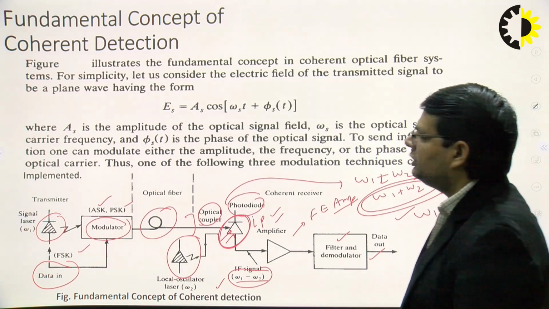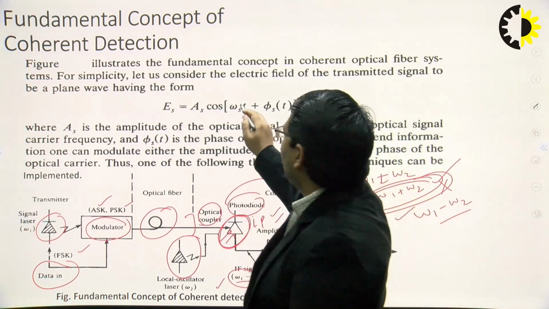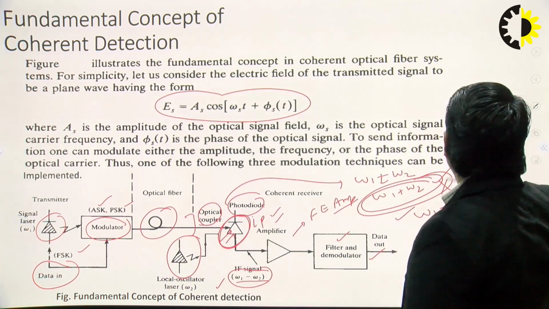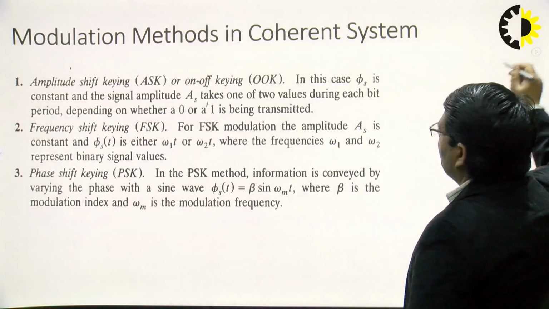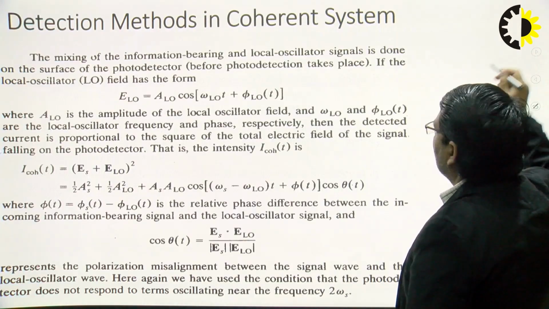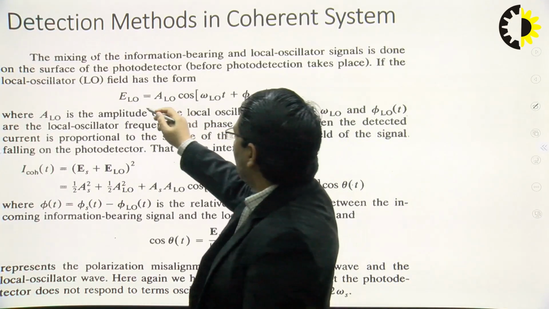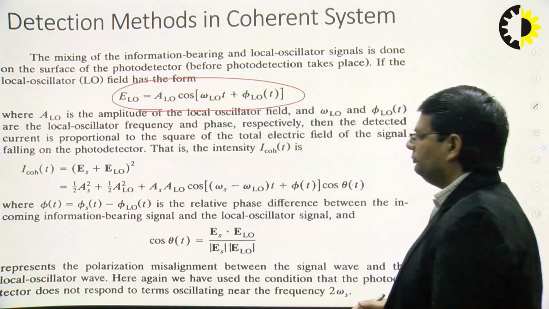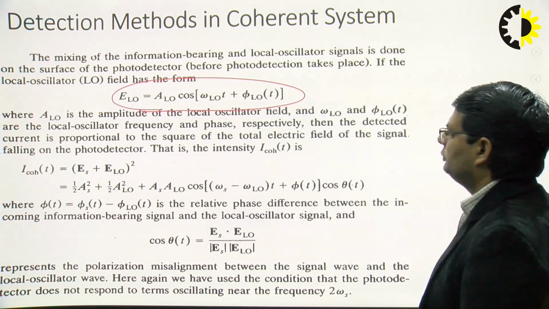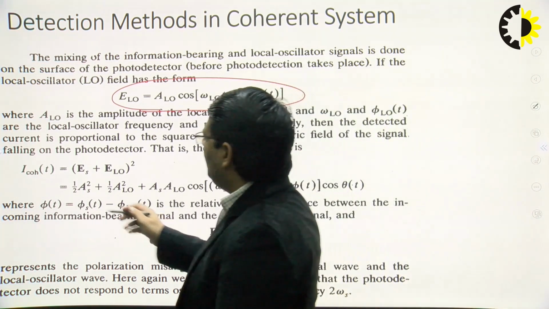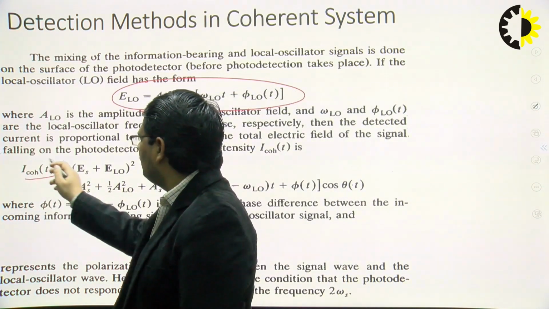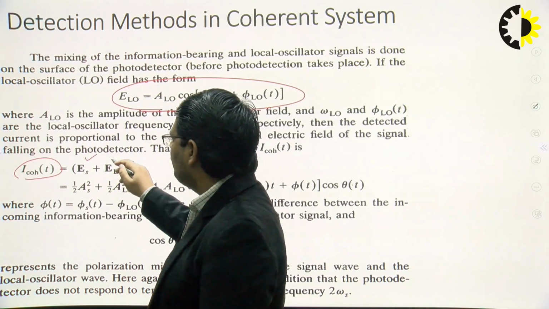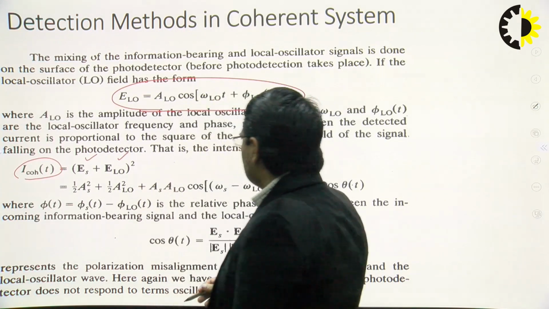Now the mathematical part. This is the received signal from the fiber. This is the corresponding signal from the local oscillator, and this is the intensity of the combined signal obtained by mixing the signal of the source as well as the local oscillator.